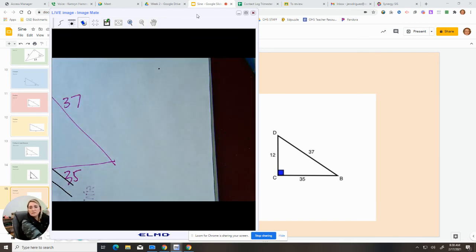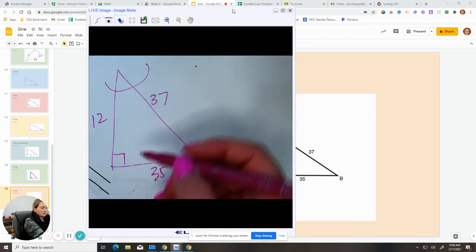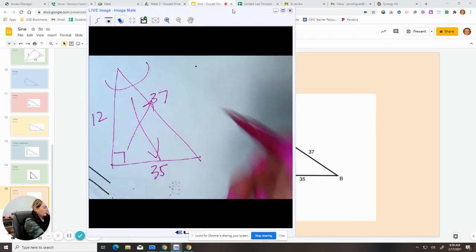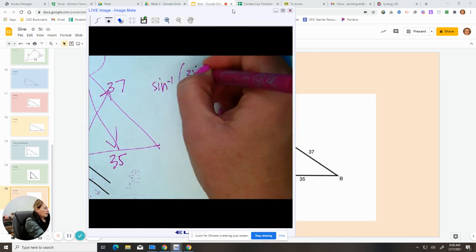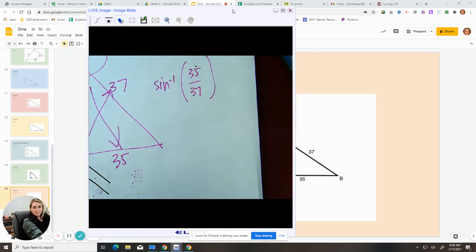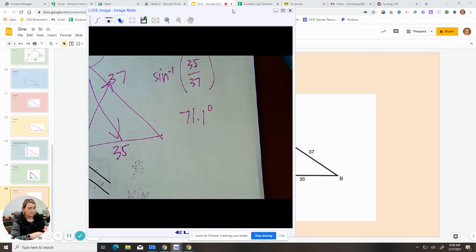And we are using angle D, which is this angle up here. So we're going to have those two. So we would have inverse sine 35 over 37. And when we plug that in, we end up getting 71.7 degrees.